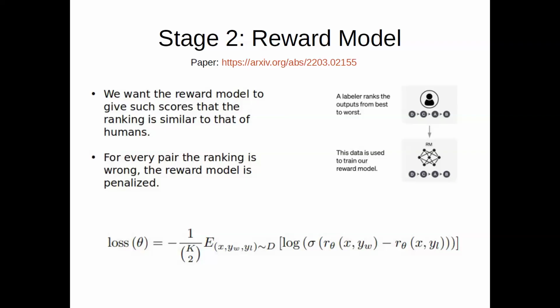No, 0.5, because it crosses the origin. Yes, it will be 0.5, and log of 0.5 won't be a small number. It will be negative, so we use the negative. And it will force the model to change the weights of our reward model to reduce the loss.